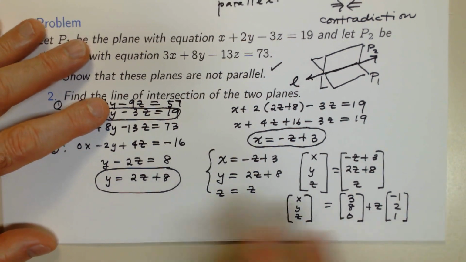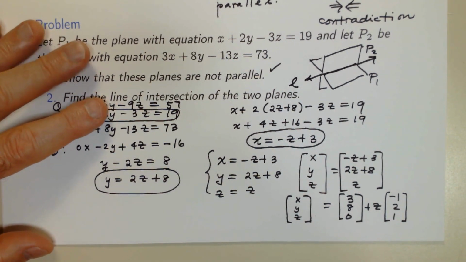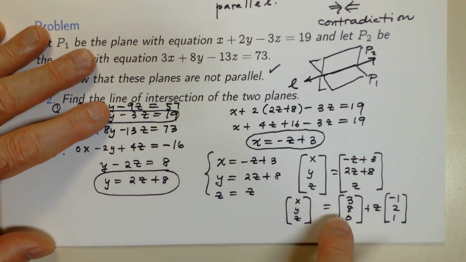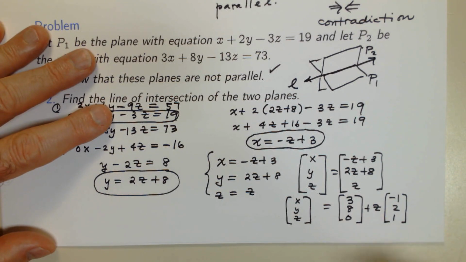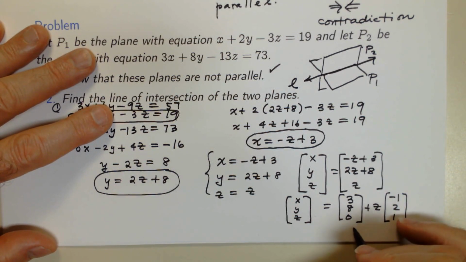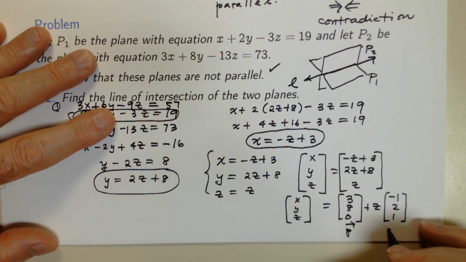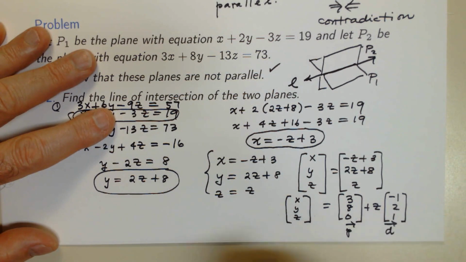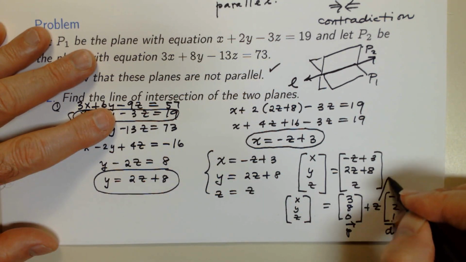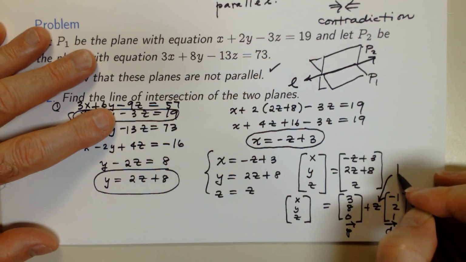Okay, and now we know we're looking at a line, because we've got a position vector pointing to a point in space, plus a scalar multiple of a direction vector. In generic terms, this is our vector p that positions our line in space, this is what we normally call the direction vector d, and this is our scalar, our parameter in this case.